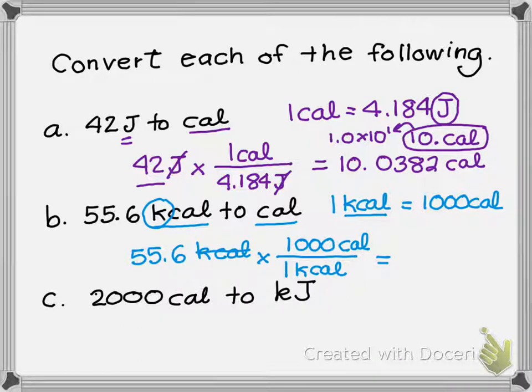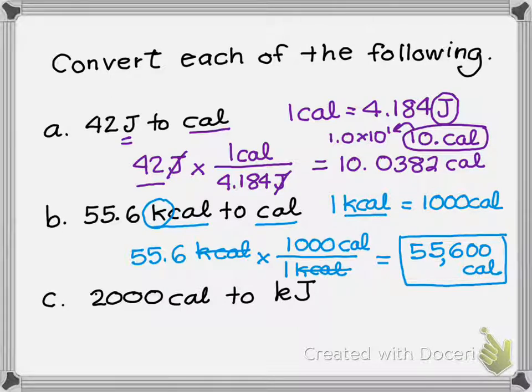The kilocalories cancel out, and 55.6 times 1,000 is 55,600 calories. And as long as I don't put a decimal at the end, I still have 3 significant figures, because remember, the 2 zeros at the end are not significant.